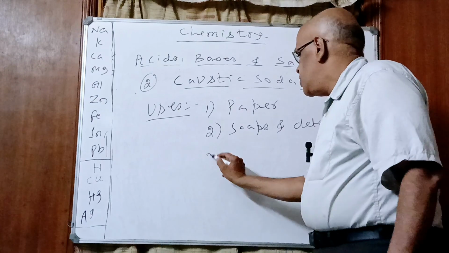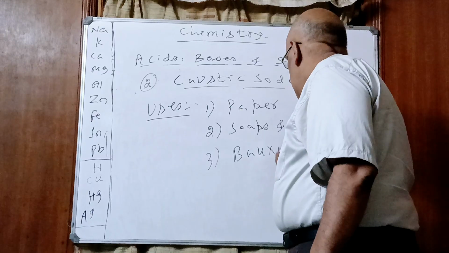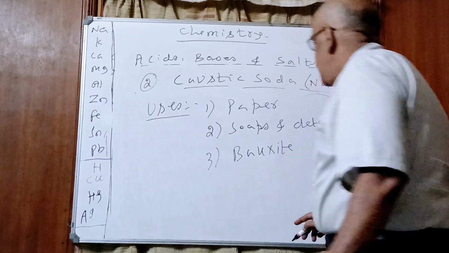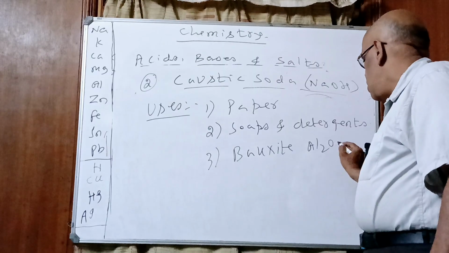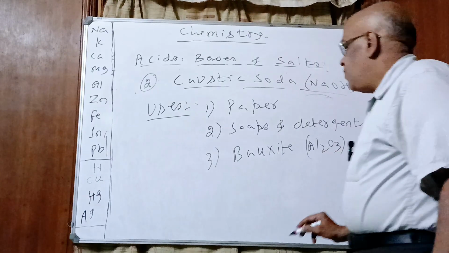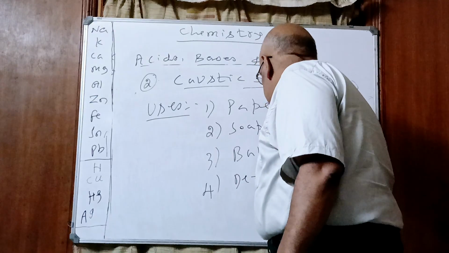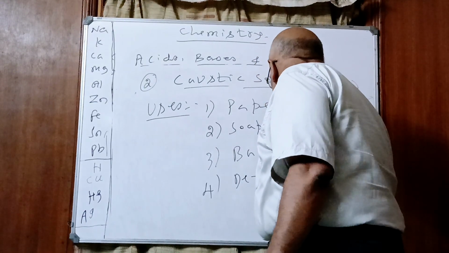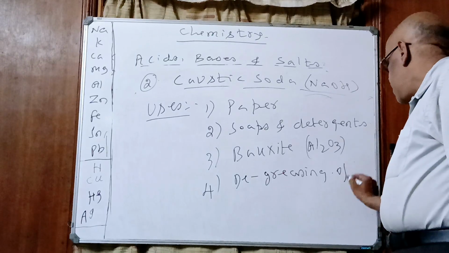Then it is used in the purification of bauxite ore, from which aluminium is manufactured. What is bauxite? Al2O3. Then where is it used, children? It is used in degreasing of metals. Degreasing means removing grease from metals.